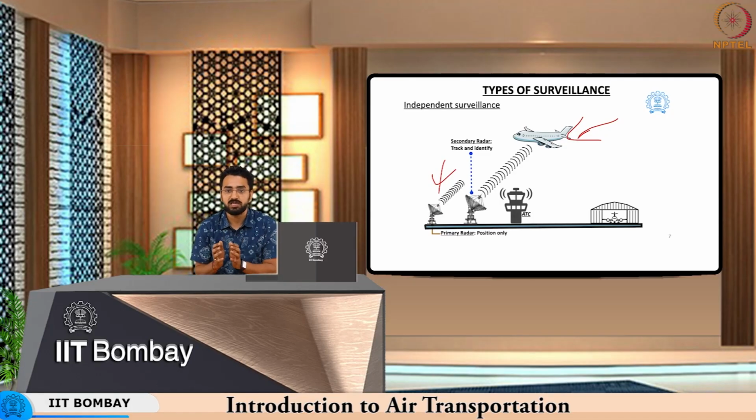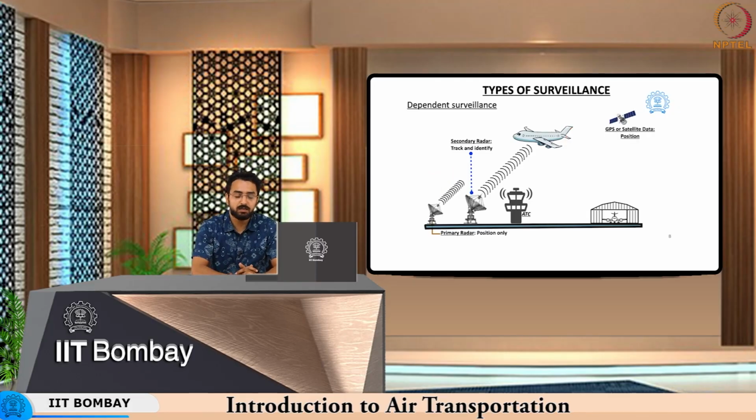Before the initiation of the flight itself, these squawk codes are provided to the particular aircraft, and subsequently these squawk codes are transmitted to all the nearby ATC towers, so that the aircraft can be identified, and hence we can understand whether the aircraft is actually a friend or a foe. This is how the secondary radar services work.